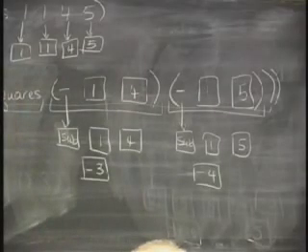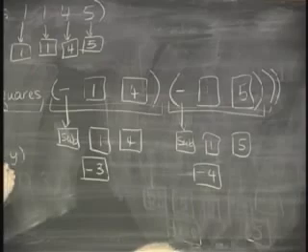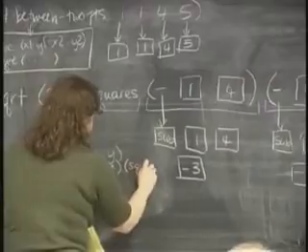Okay, and then sum of squares is a procedure. Takes in x and y and adds the square of x to the square of y.